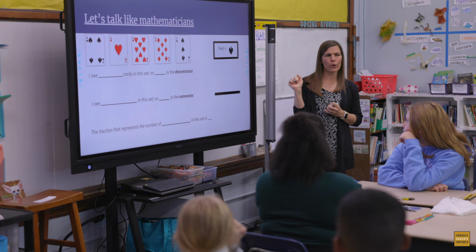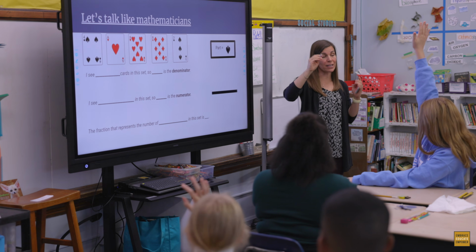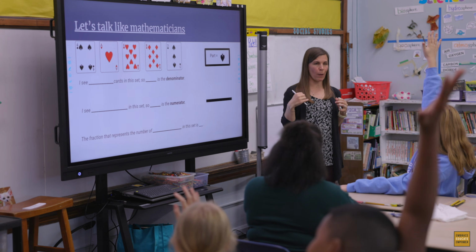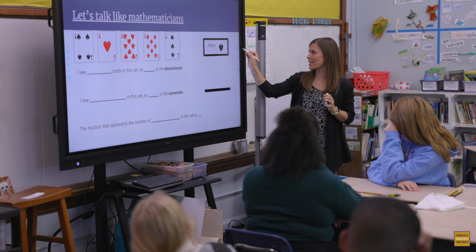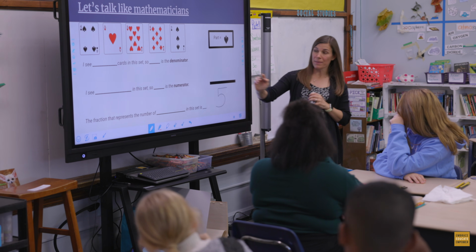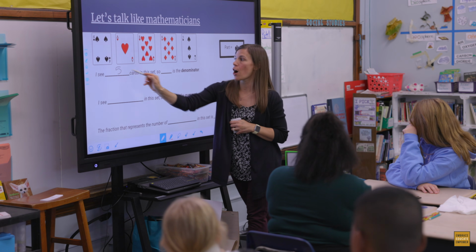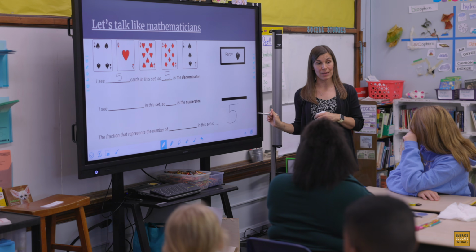So where would I put the 5 in my fraction? Remember that the number in the whole set represents which part, Kathy? The denominator. So we put a 5 in our denominator because I can see 5 cards in this set, so 5 is the denominator.